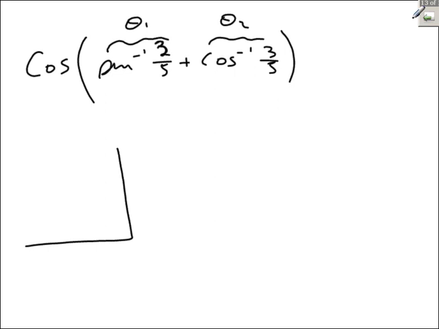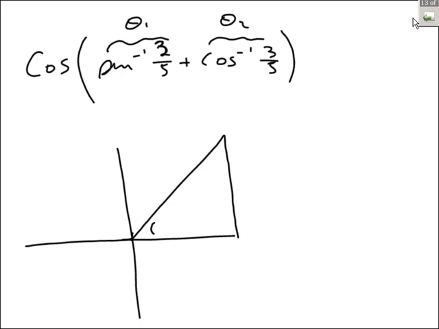So, we know that the sine of theta 1 is 3/5. That means we're in quadrant 1. And we know that the cosine of theta 2 is 3/5, and 3/5 is positive, so we're in quadrant 1. If this is theta 1, the sine of theta 1 is 3 over 5.